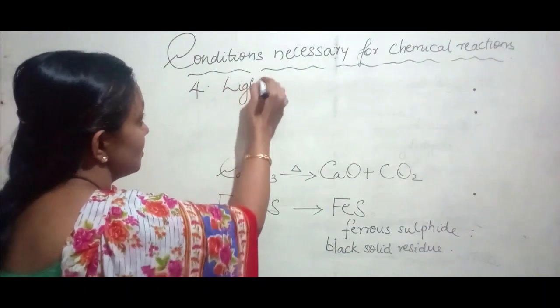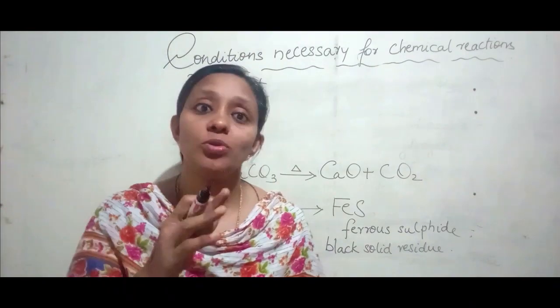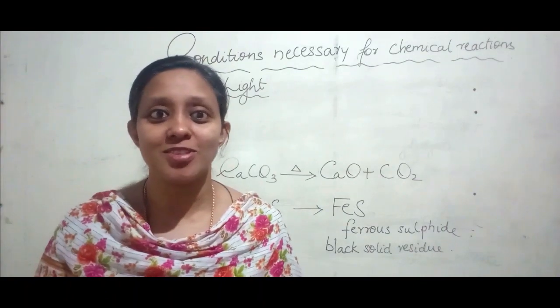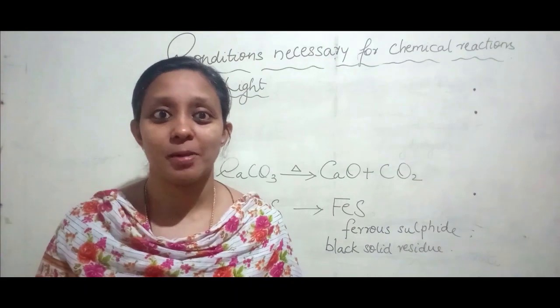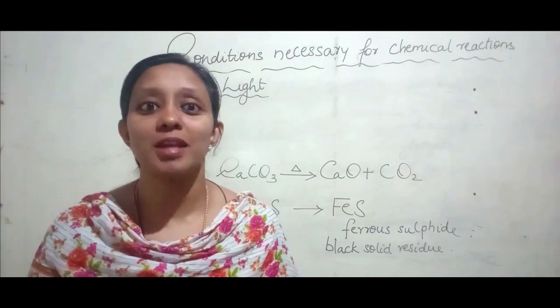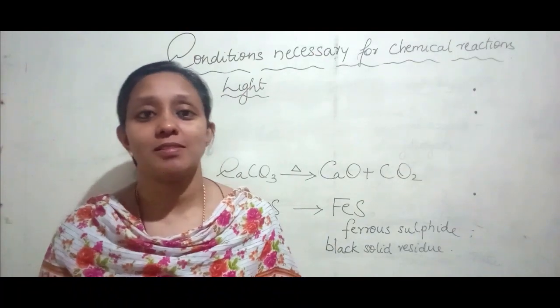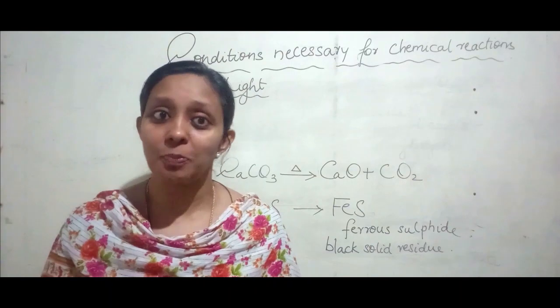light. Certain chemical reactions occur only in the presence of light. Are you familiar with any such reactions, children? Yes, photosynthesis. Photosynthesis is actually a chemical reaction. Plants prepare food for themselves by the process called photosynthesis. What's happening there?